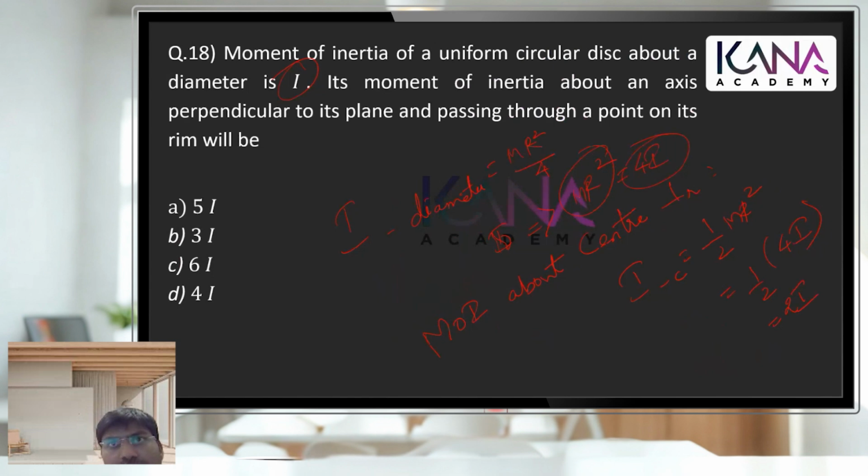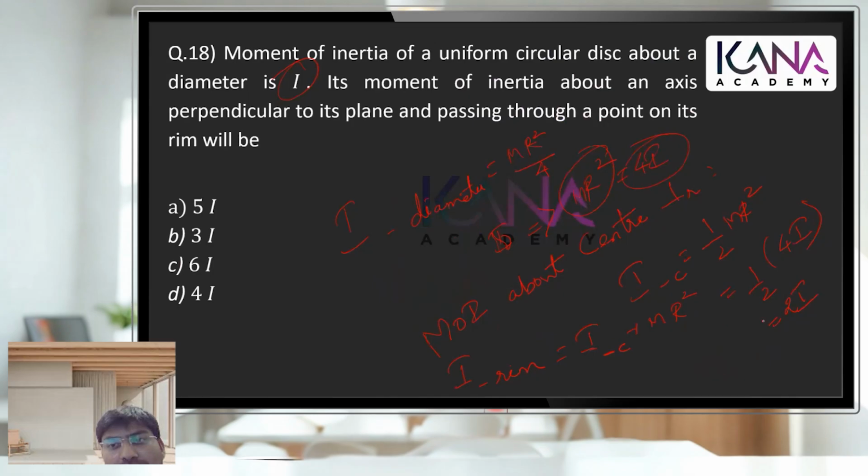So if we use the parallel axis theorem to the rim point, I about the rim will be I center plus m r square.